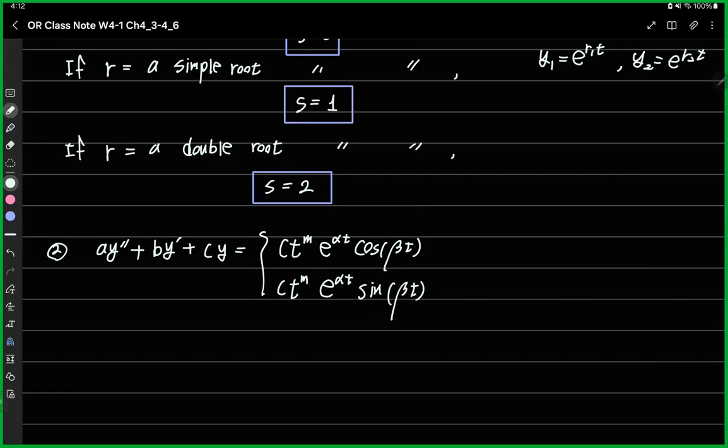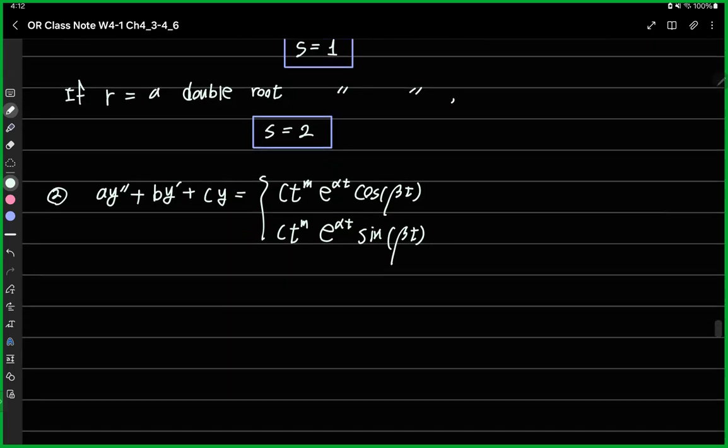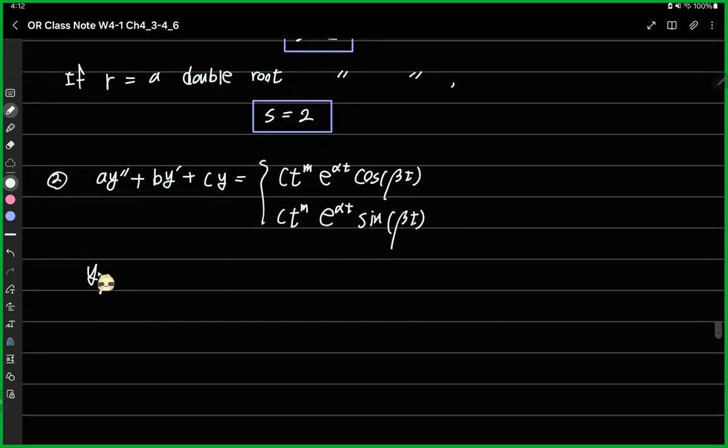Then the form of the particular solution yp of t is going to be t to the s power times a polynomial times e to the alpha t cosine beta t, plus t to the s power times another polynomial for this one times e to the alpha t sine beta t.